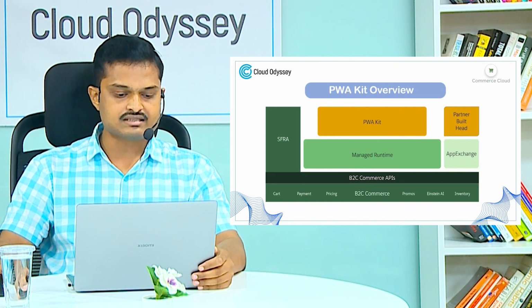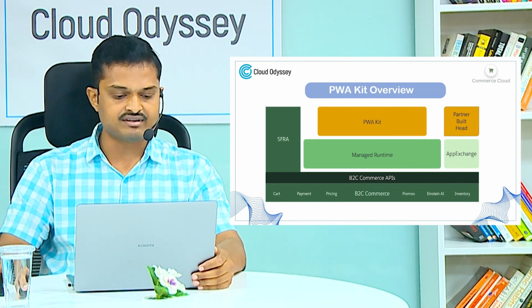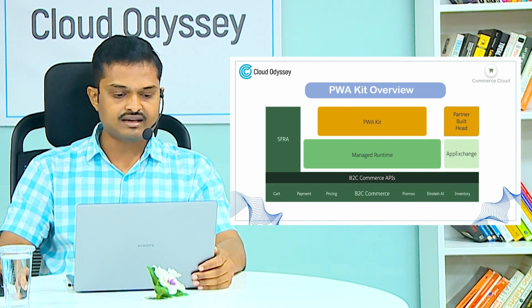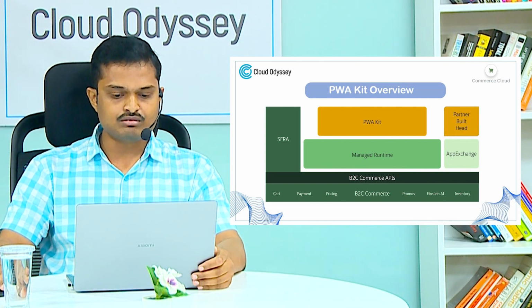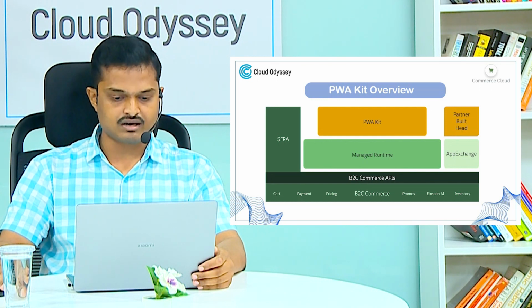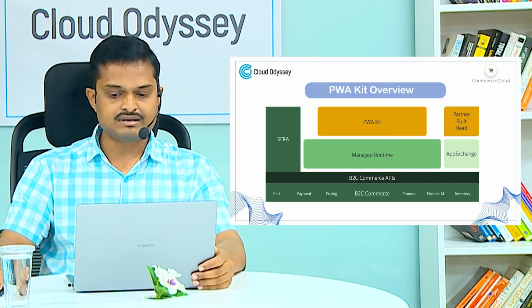If you look at it, SFRA is very tightly integrated with the platform, right? SFRA comes with both the back end and the front end. If you look at the PWA Kit, it is separated from the platform. And the partner-built head is nothing but the front end.